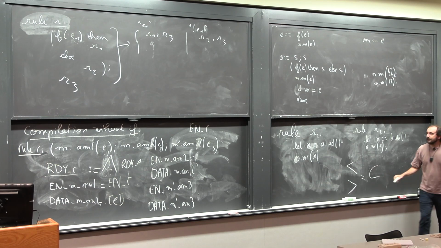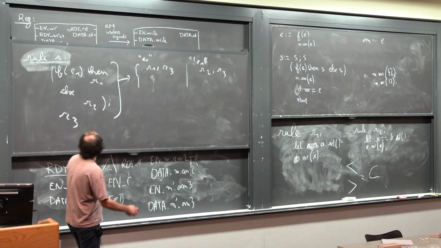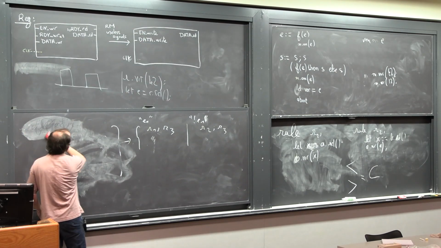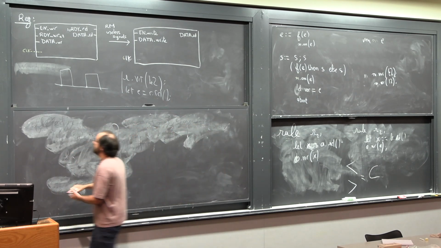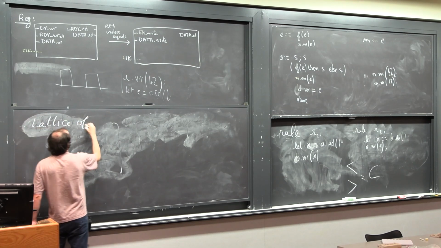And so you can generalize this example in a very simple way. You can build a little lattice, the lattice of conflicts.